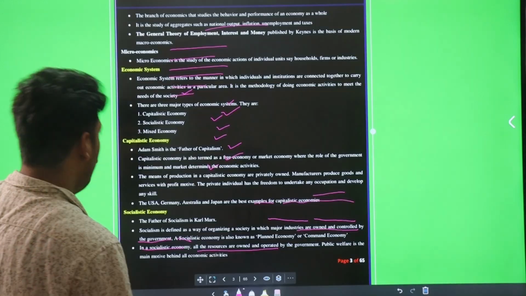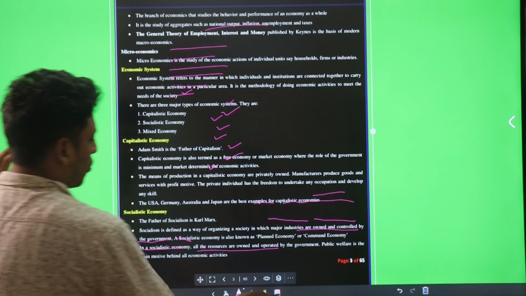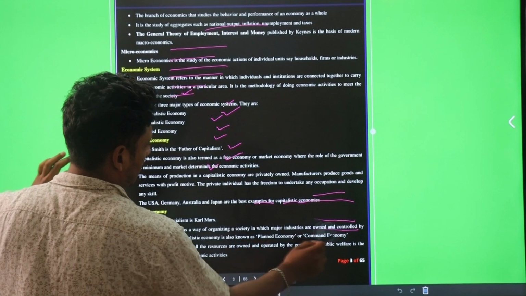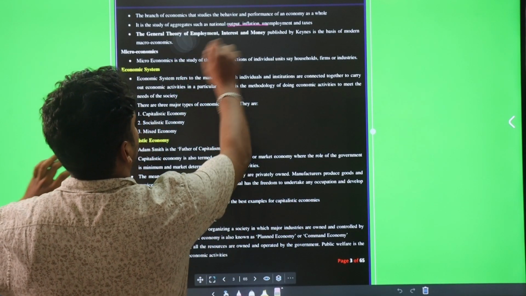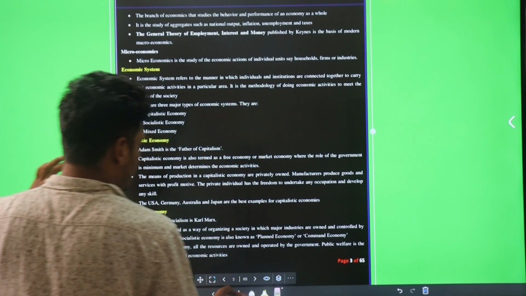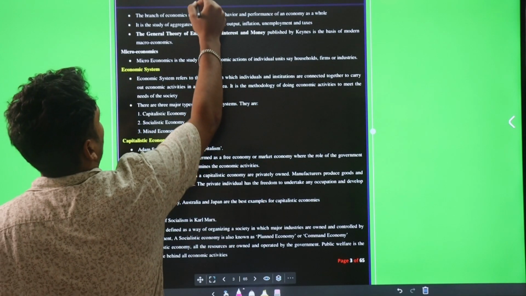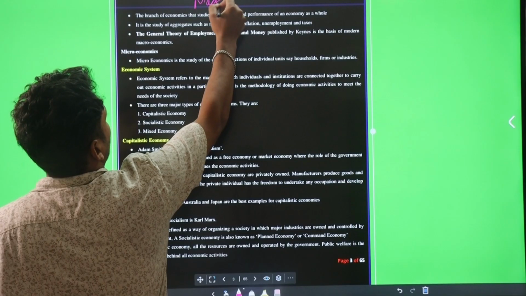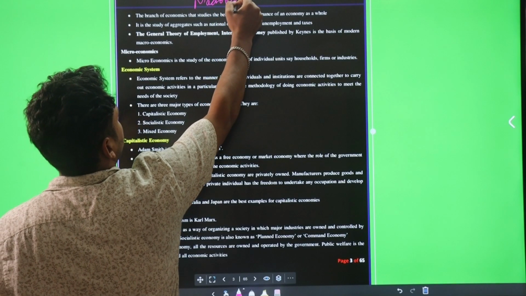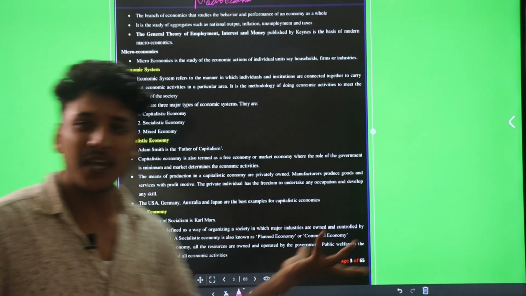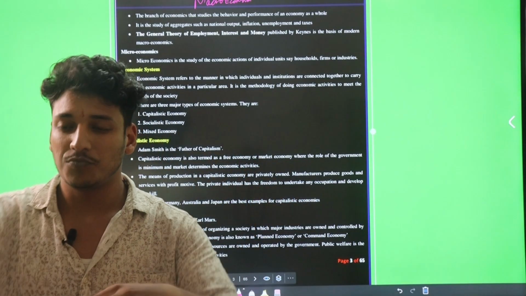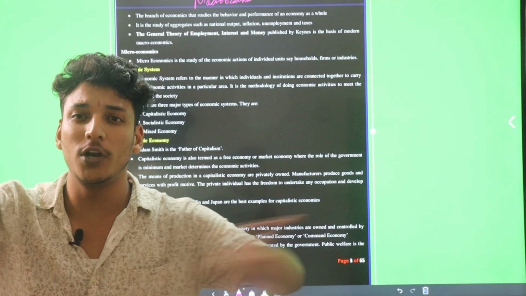Now we will discuss about microeconomy. First we will discuss about macroeconomy. Basically macroeconomy deals with the whole nation.